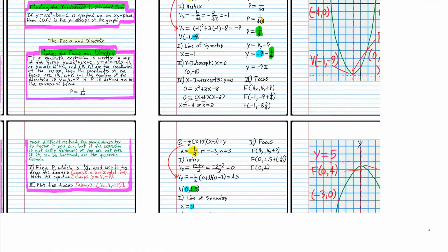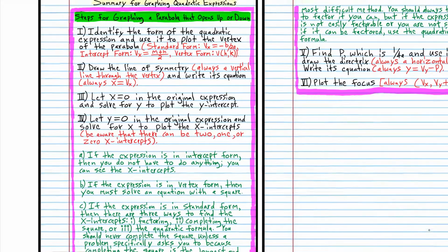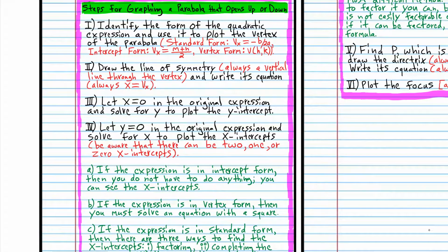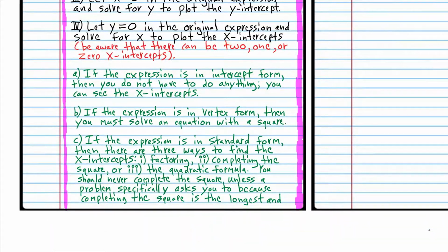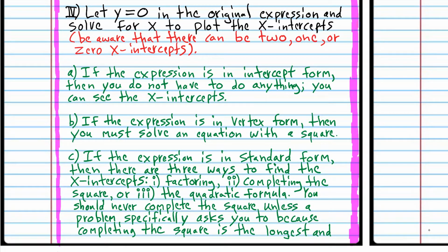In the problem that we did previously, the x-intercept we could just see by looking at the equation. But in this problem, what's the situation here? If it's in vertex form, then you have to solve an equation with the square.